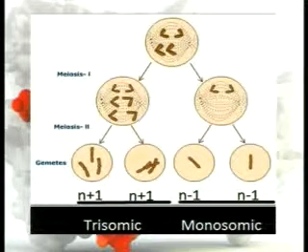If a chromosome is gained, it will result in one chromosome having 3 homologues, referred to as trisomic. The loss of one chromosome will result in one chromosome having only a single homologue, and the organism is referred to as a monosomic organism.